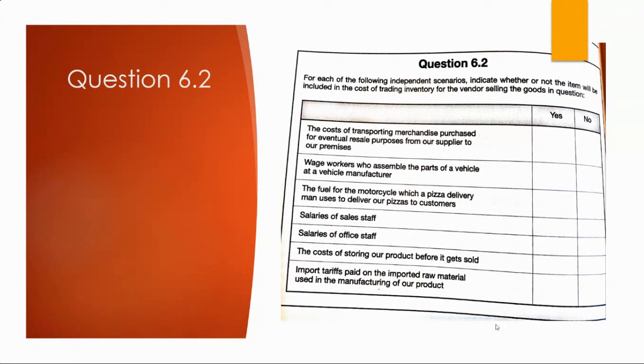So you have to determine, will this be included, yes or no, in our cost? I'm going to give you a few minutes to work through this and then we'll discuss it. Tatu, it's on page 192.